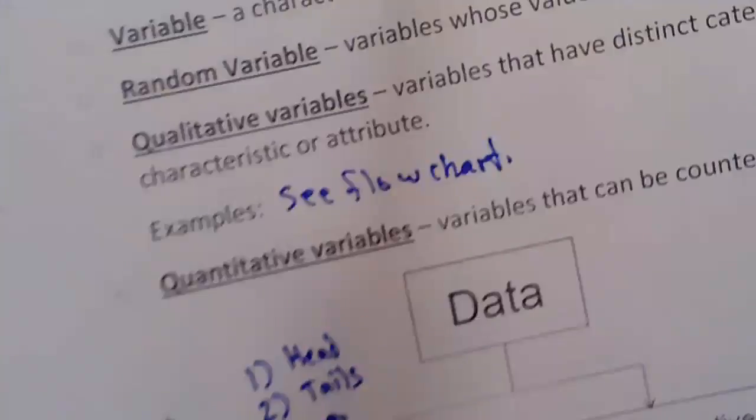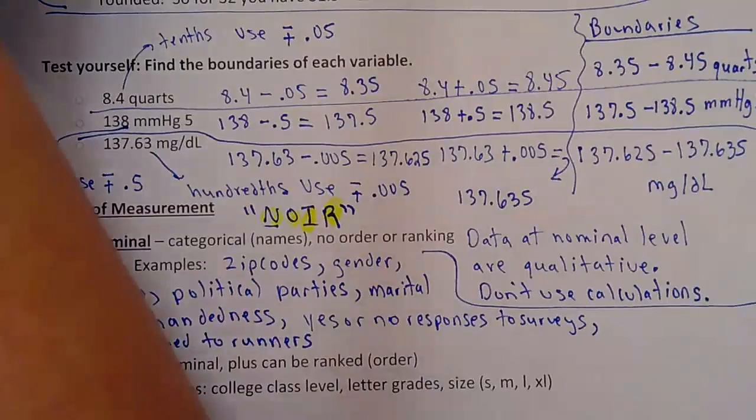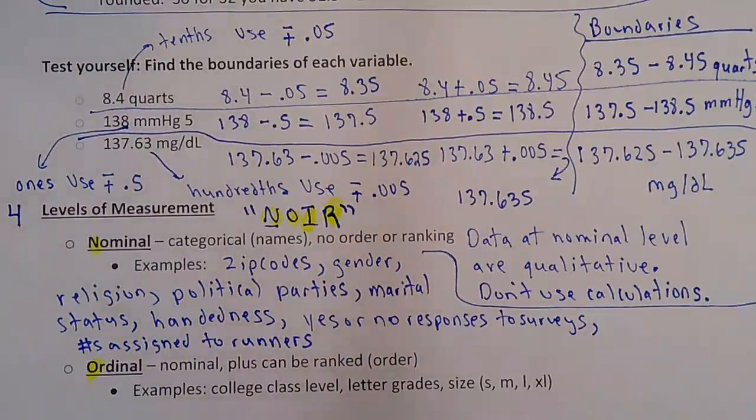Okay, that's what the chart reflects. I'll just keep that in mind. I don't think I'm going to write that in there, but when I have here the examples, it says can be ranked or ordered. Nominal plus can be ranked or ordered.